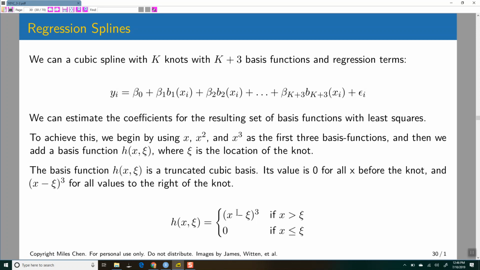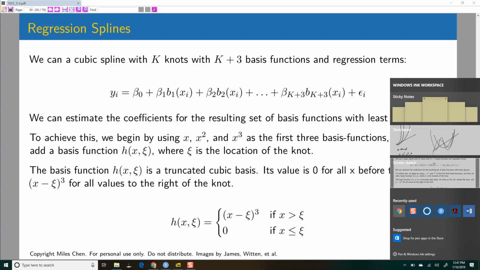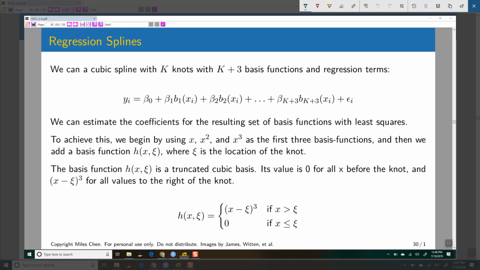Okay, and so basically, for values greater than xi, it's going to be x minus xi cubed. So the basis function is kind of like if you've got this thing, and I don't know if that's xi right there.